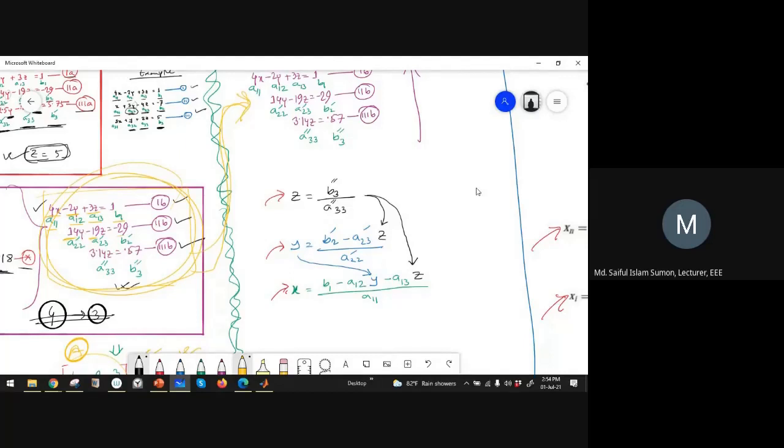After the first manipulation, A22, A23, B2 were changed to A22 prime, A23 prime, and B2 prime. But during the third manipulation, we had no change in these two, but we had a change in this one. That means my new A33 has become something like this, and we have represented it with A double prime. Also my B3 has been manipulated twice. That's why it's B double prime.